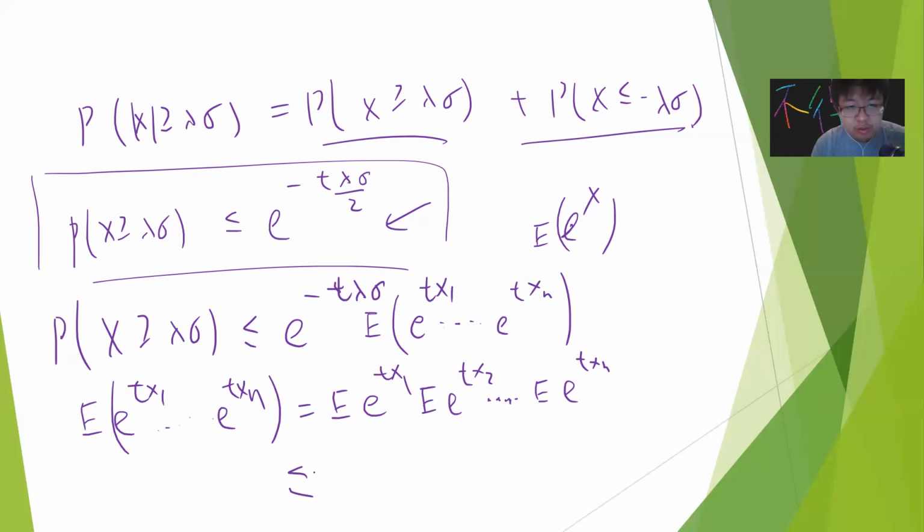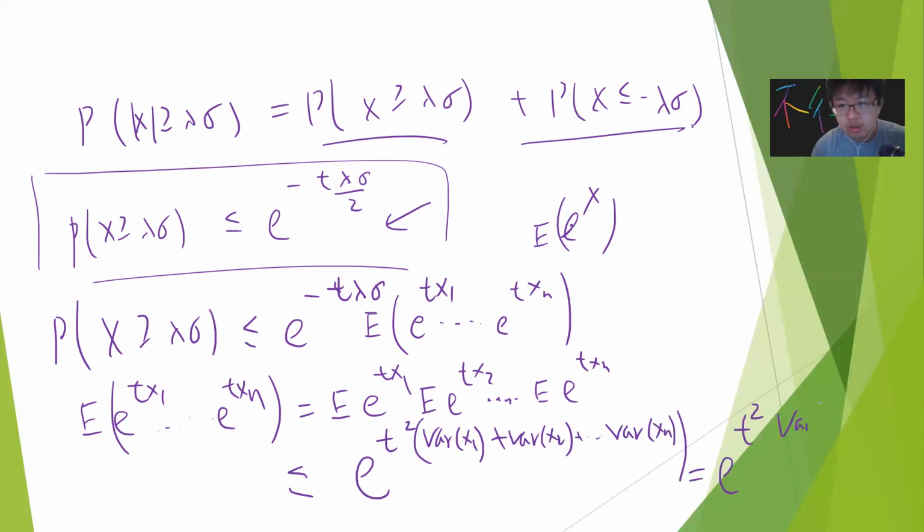So you get exponential t squared times the variance of x1 plus the variance of x2, up to the variance of xn, which is exponential t squared times the total variance of X, since they are independent.